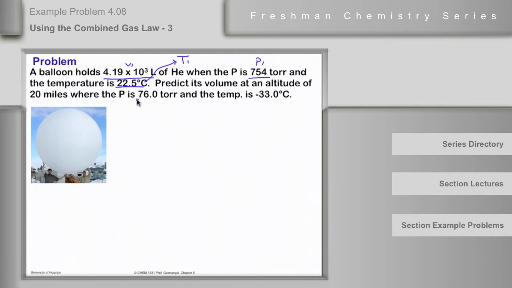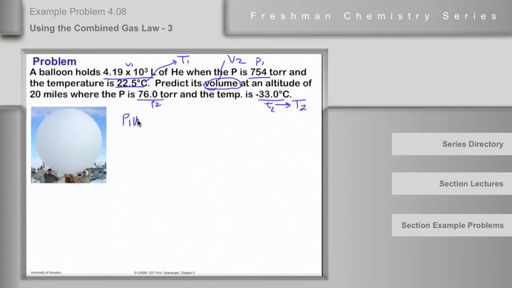And in that case, the pressure 76 torr would probably be P2. And the temperature, negative 33, would be T2, and we would use that to get T2 in kelvins. Okay? And we're going to solve for V2.